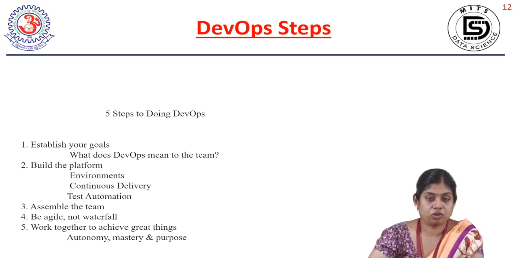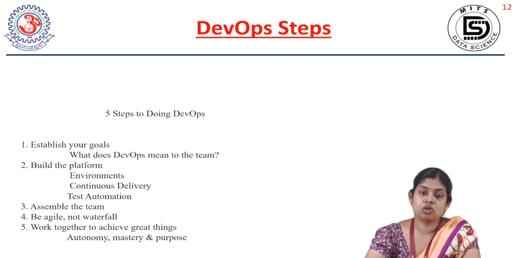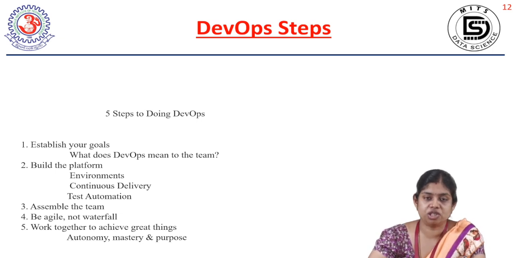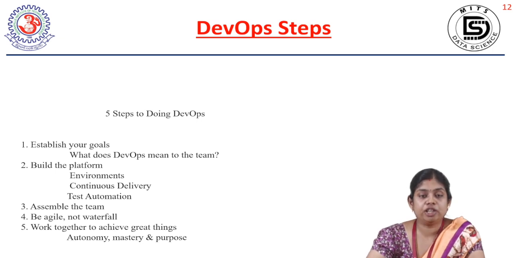So these are all things we saw. Assembling the team, in the sense like root cause analysis meetings, project management meetings, like that we can assemble the teams and we can be clear about what the vision of the company is. What do we need through this DevOps?